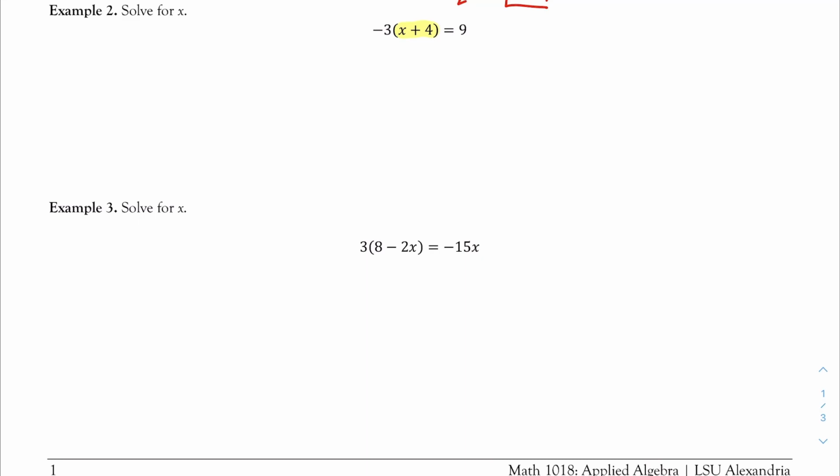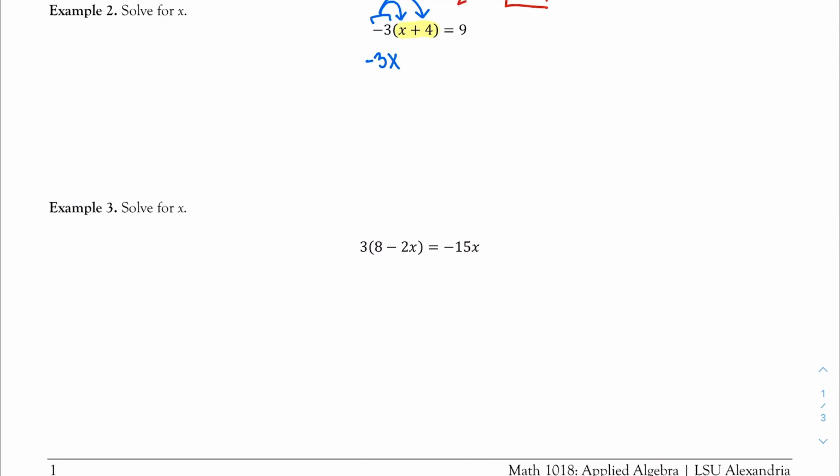If I want to clean this up, I have to take this -3 and multiply, or more formally speaking, distribute my -3 to each of these terms. So -3 times x gives -3x.